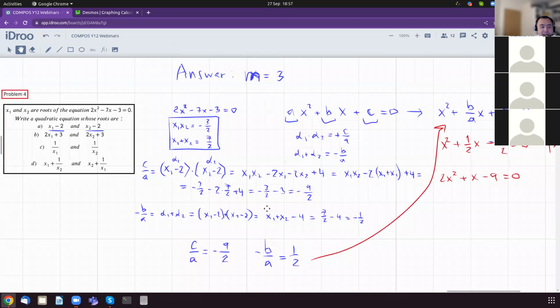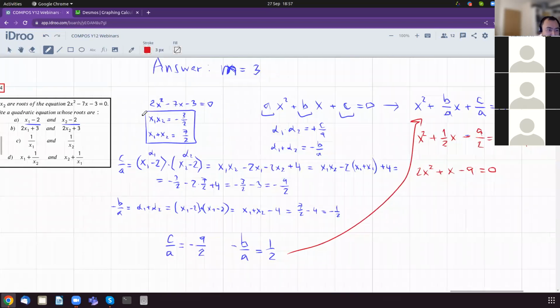Okay, so we started with the Vieta's formulae, and then we needed to find a quadratic equation. This is the quadratic equation we're looking for. We know that the product of the roots is C over A, and the sum of the roots is minus B over A. We find the product of the roots, it's minus 9 over 2, and we find the sum of the roots is minus a half.